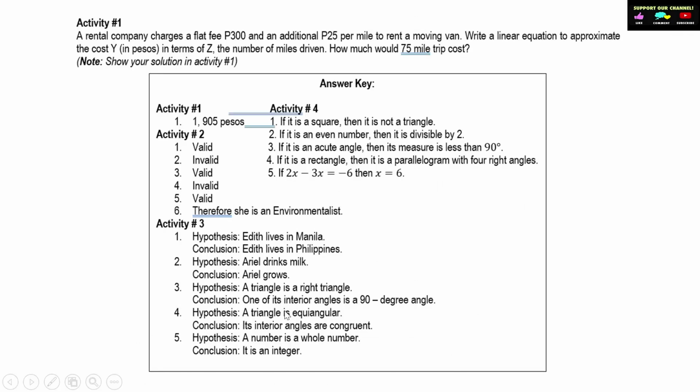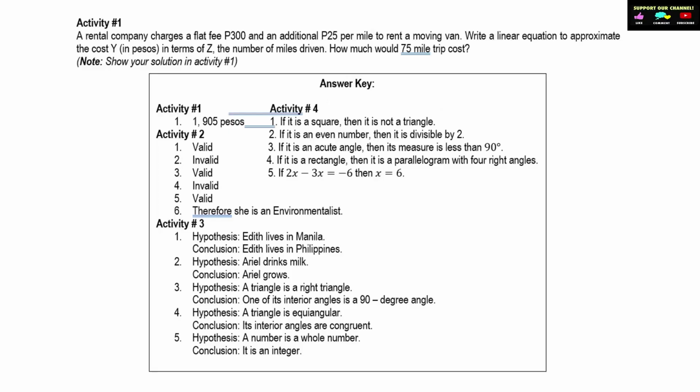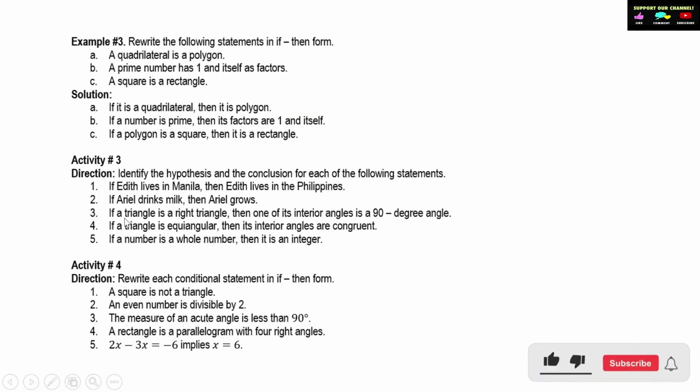Okay, this one. For number 2, if Ariel drinks milk, then Ariel grows. So Ariel drinks milk. In conclusion, Ariel grows. And so on and so forth.